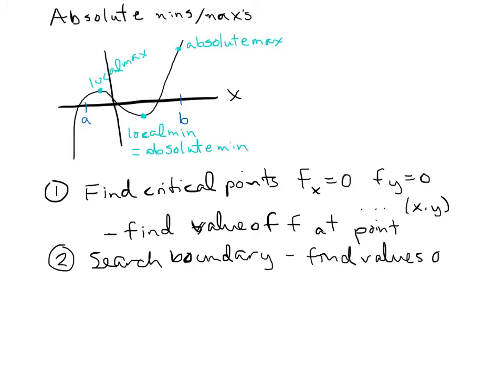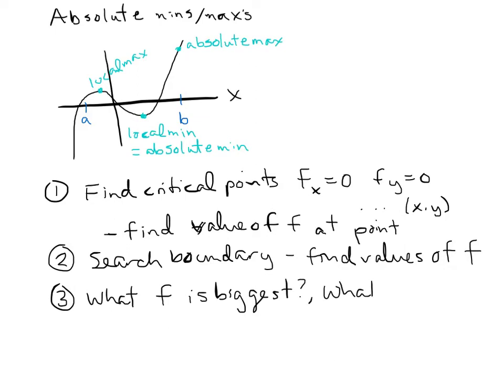Find values of the function all along the boundary, and then see what value of f is the biggest. That would be your absolute max, and what f is the smallest. And that would be your absolute min.